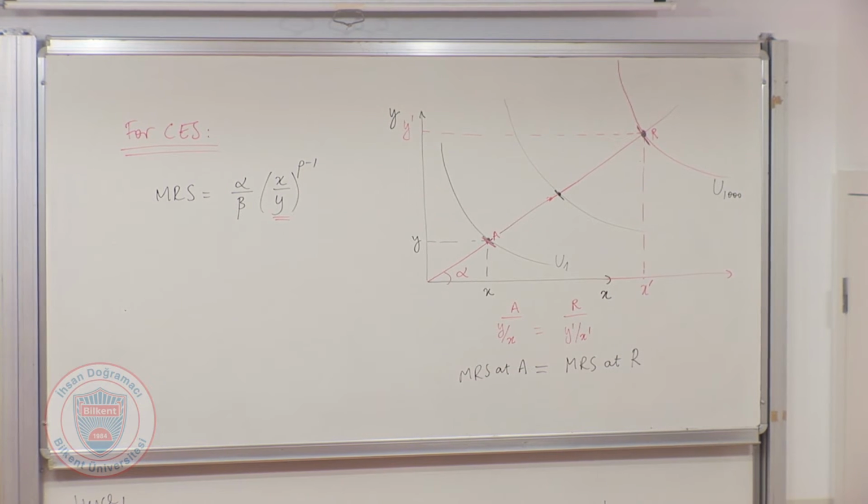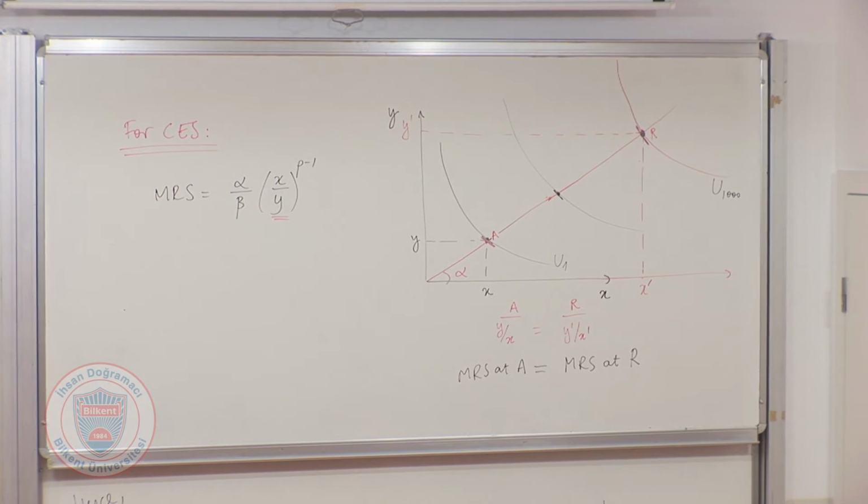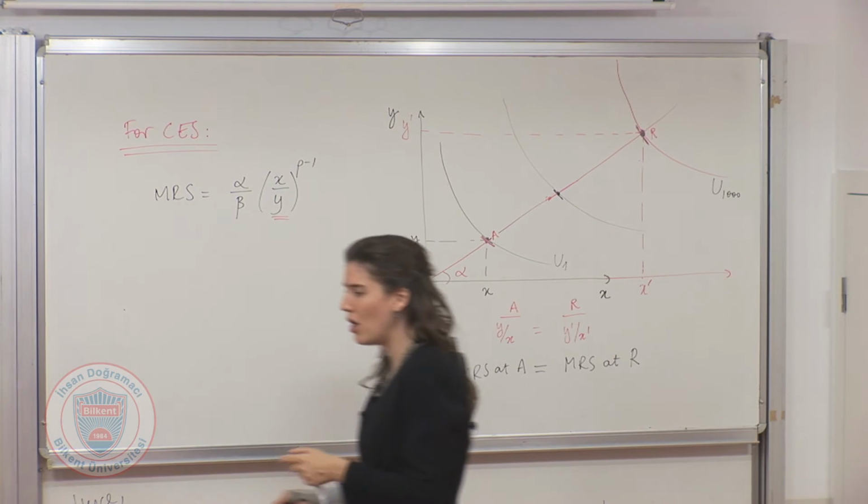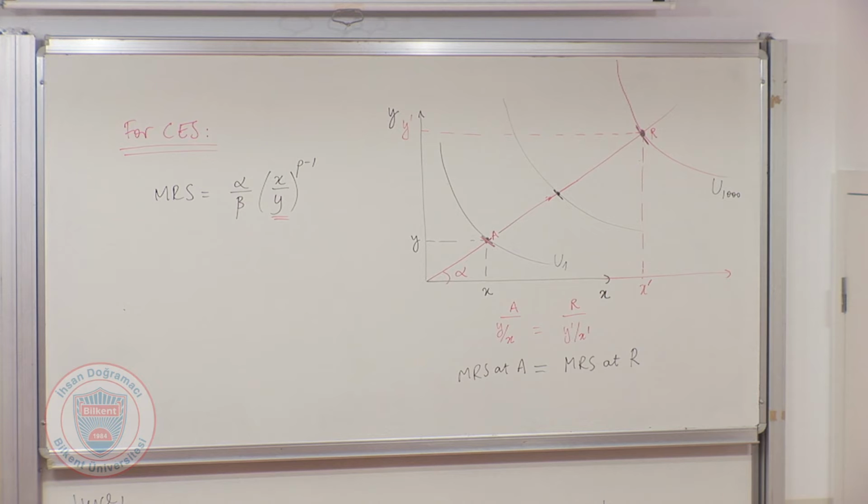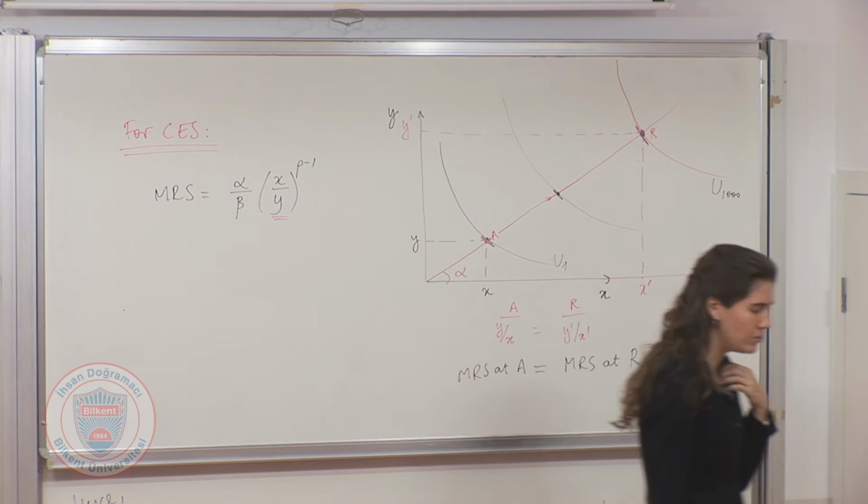So you see that it's very important because this tells us the following. Suppose Rahmi Koç and Akbaba have exactly the same preferences and the same utility function that represents those preferences. We haven't considered the budget constraint part yet, but suppose they have the same utility function.